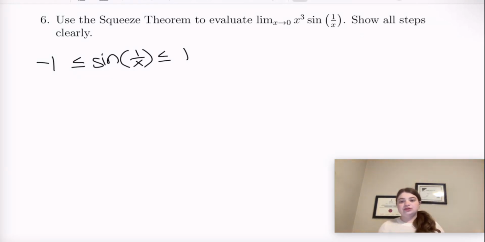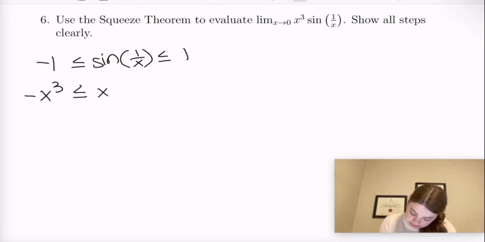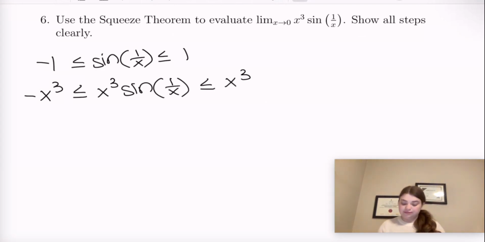In order to get this to look the same as this, I need to multiply all sides by x cubed. So over here we'll have -x cubed, here we'll have x cubed times sine of 1 over x, and here we'll have x cubed.